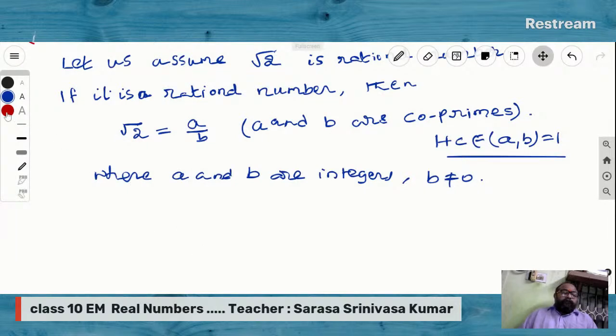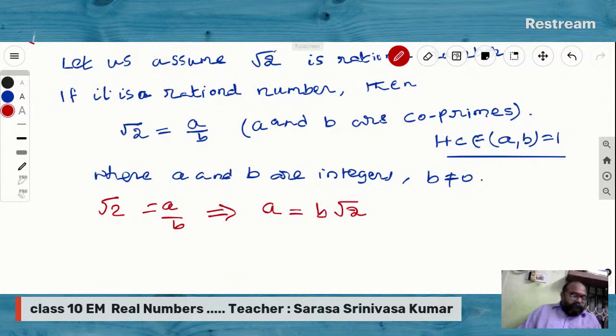Now square root of 2 equal to A by B, that implies A equal to B multiplied by square root of 2.